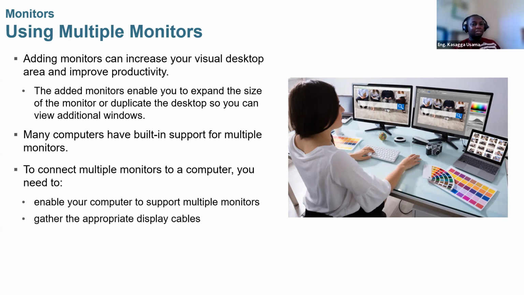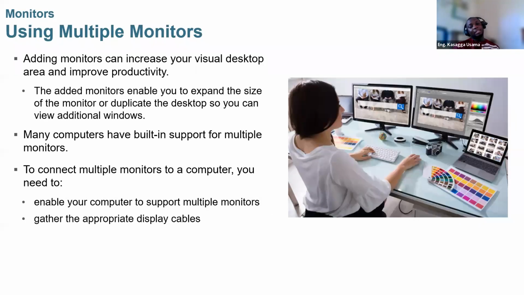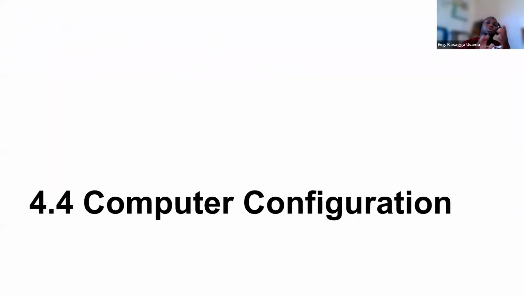To connect multiple monitors to a computer, you need to enable your computer to support them. Either get a display cable, like we have the VGA cable, you connect it there and then you move on. So dear students, these are some of the aspects of what we call the advanced computer functionalities.